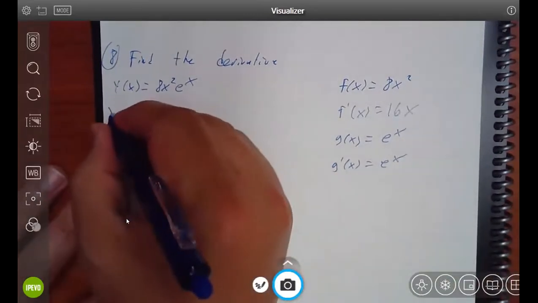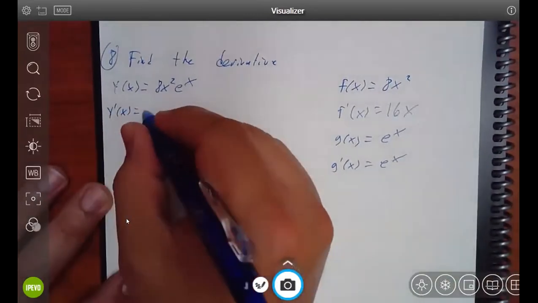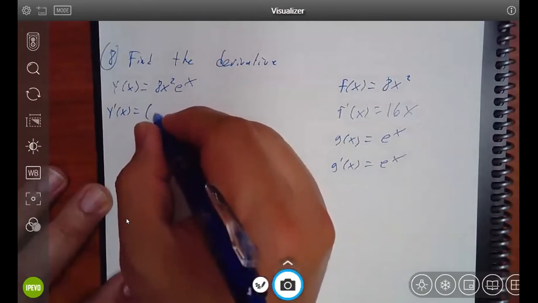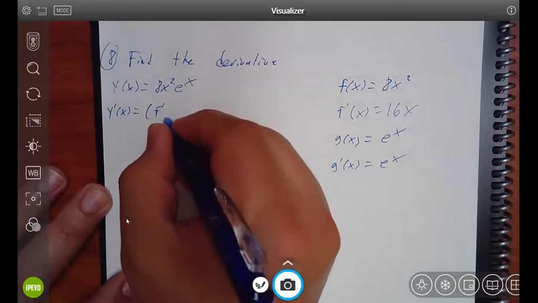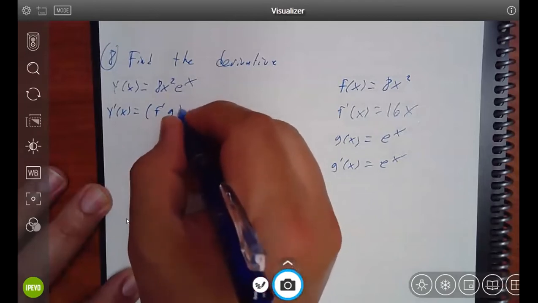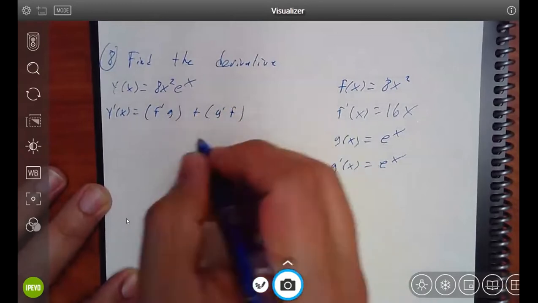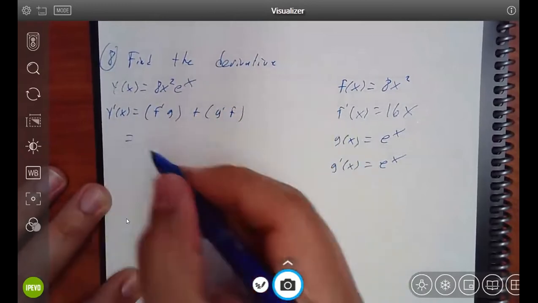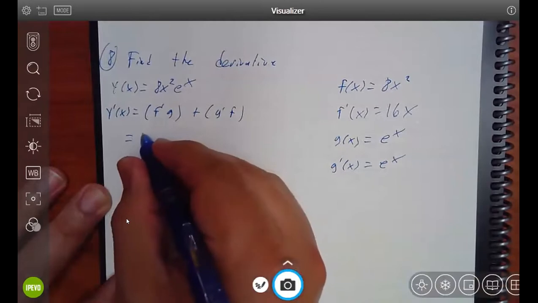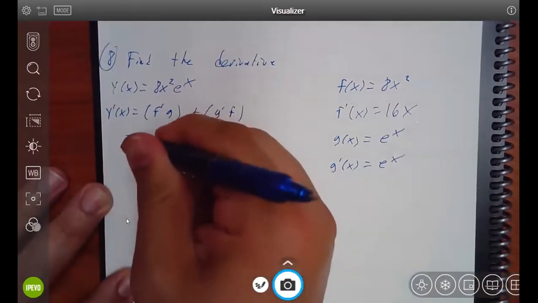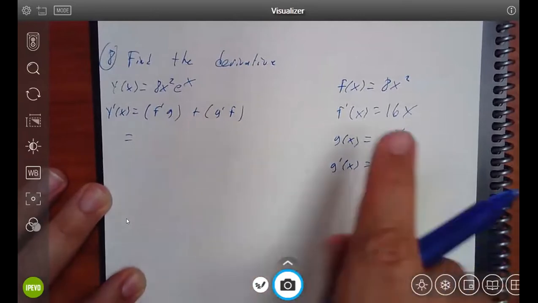Okay, so the derivative of the product will be f prime g plus g prime f. Right? So that'll be, parentheses aren't necessary, but when I use them, you can.